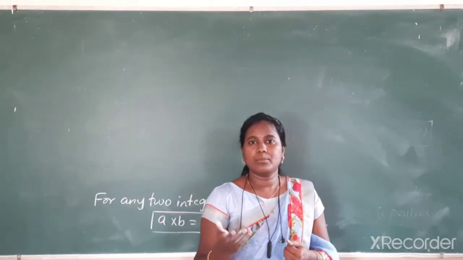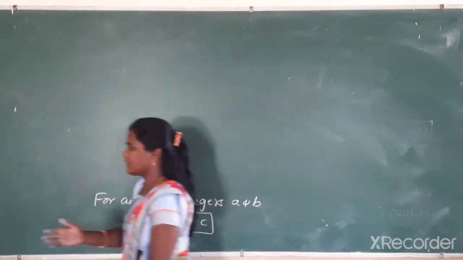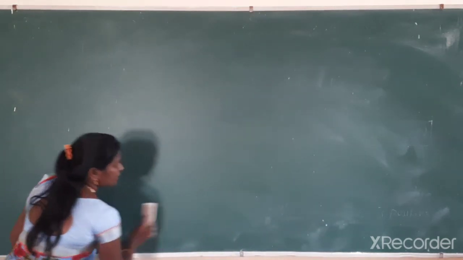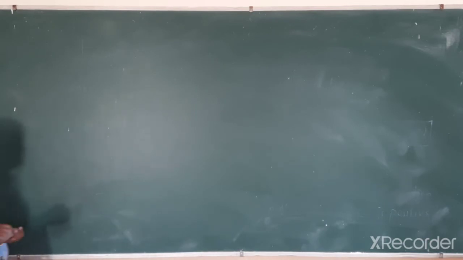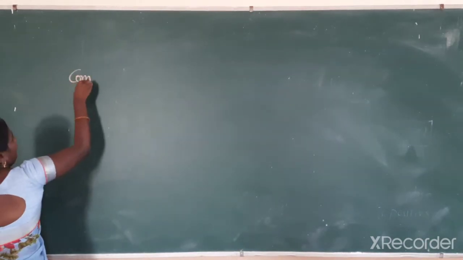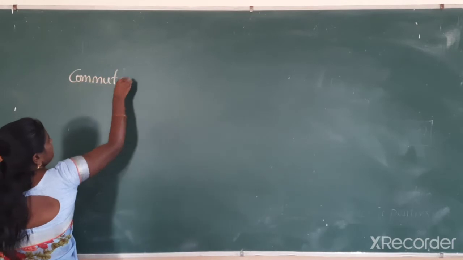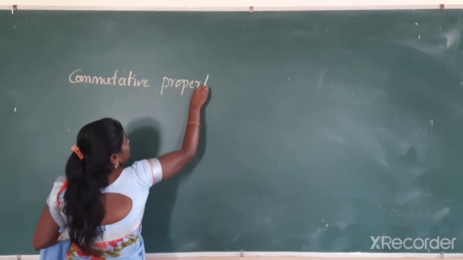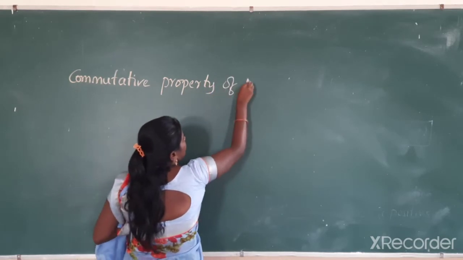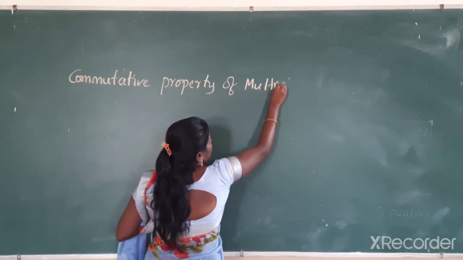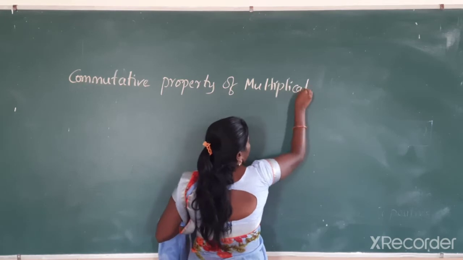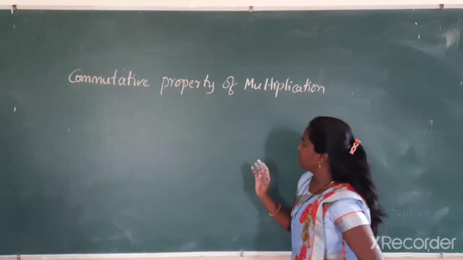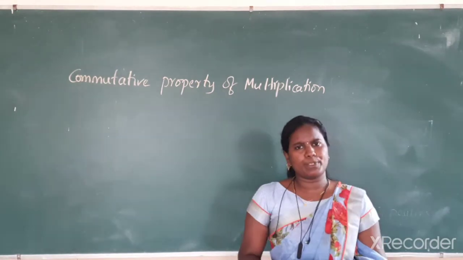Next is the commutative property of multiplication. What does the commutative property of multiplication say? We have seen the commutative property of addition and the commutative property of subtraction.